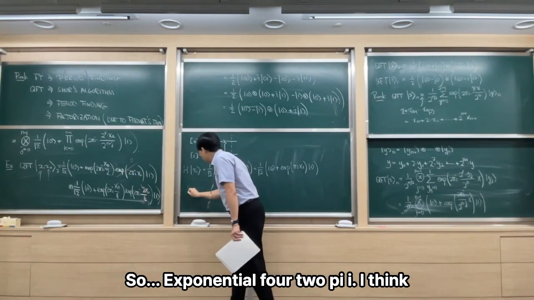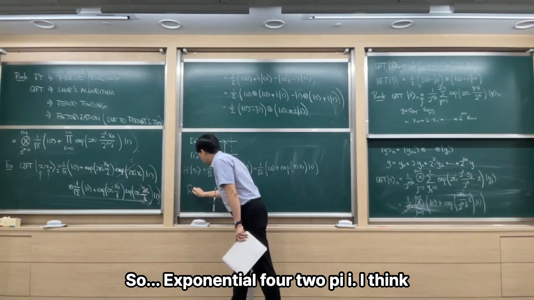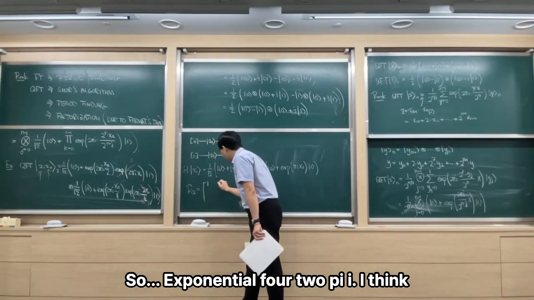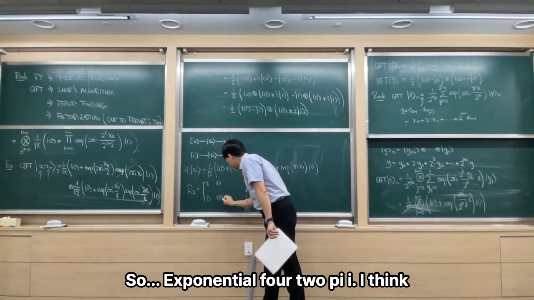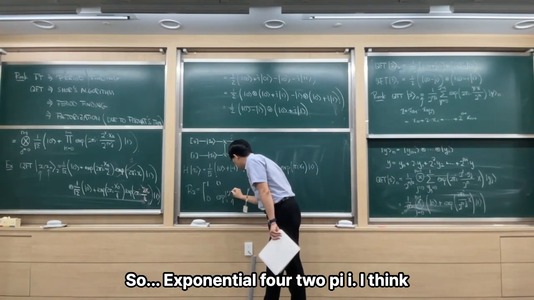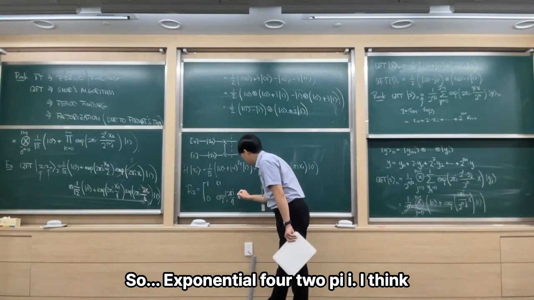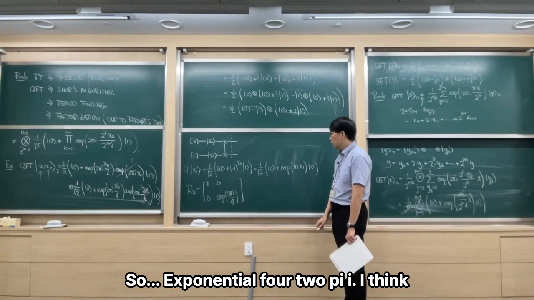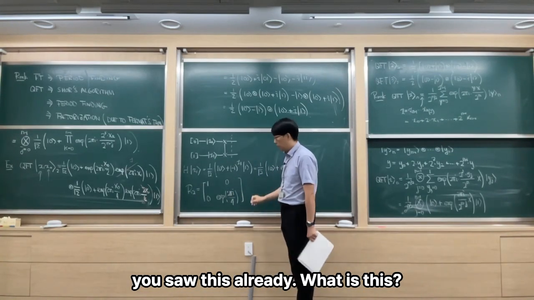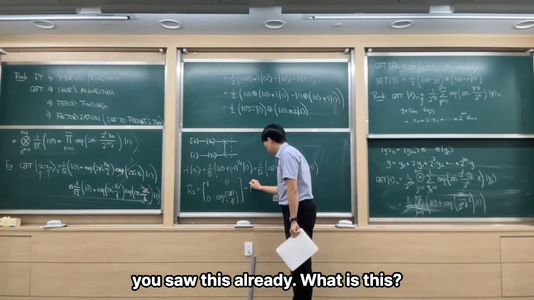So let's define R2 to be a unitary gate defined as this 2 by 2 matrix, with exponential 2 pi i over 4. I think you saw this already. What is this?